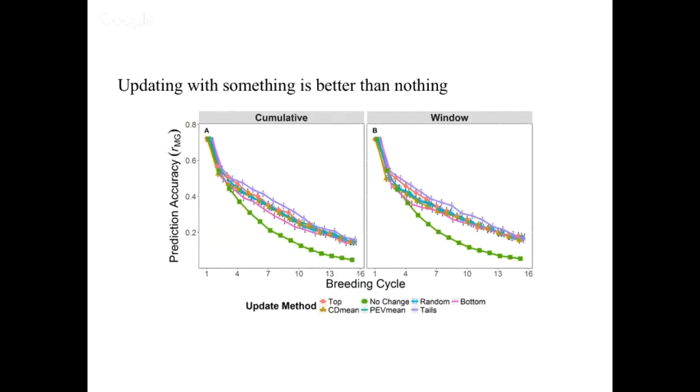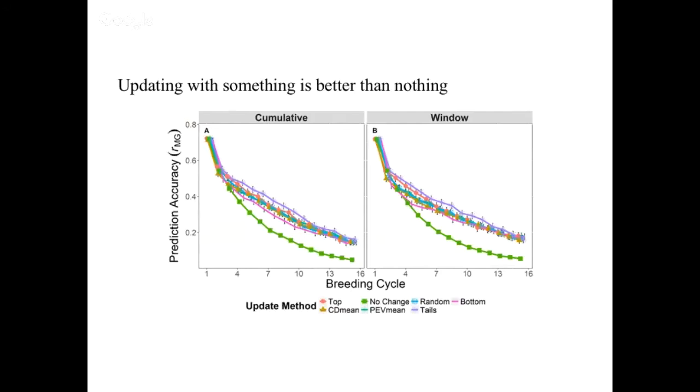All of the different methods are in different colors and shapes, and this coloring scheme will be consistent over the next 3 slides. And so what we see with the green line, which is not updating the training population, is this precipitous decline in prediction accuracy, which leads us to believe that our response to selection will be lower.